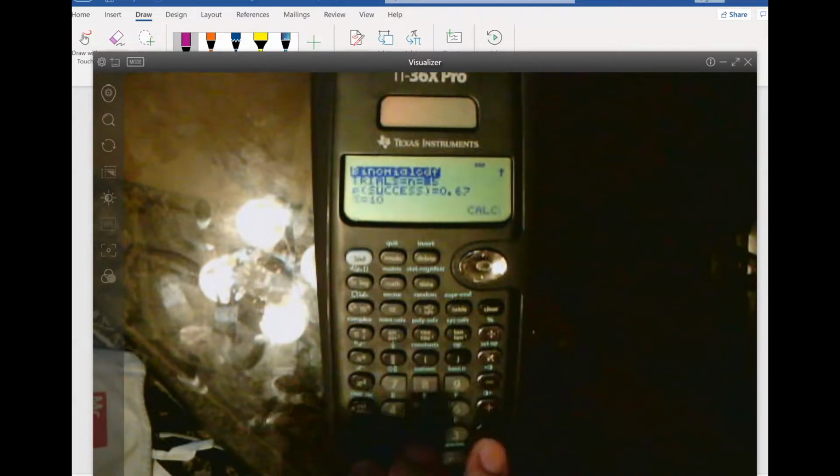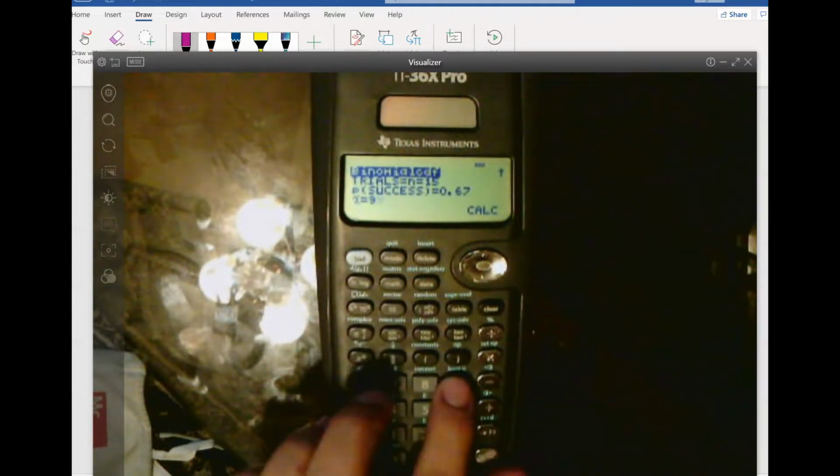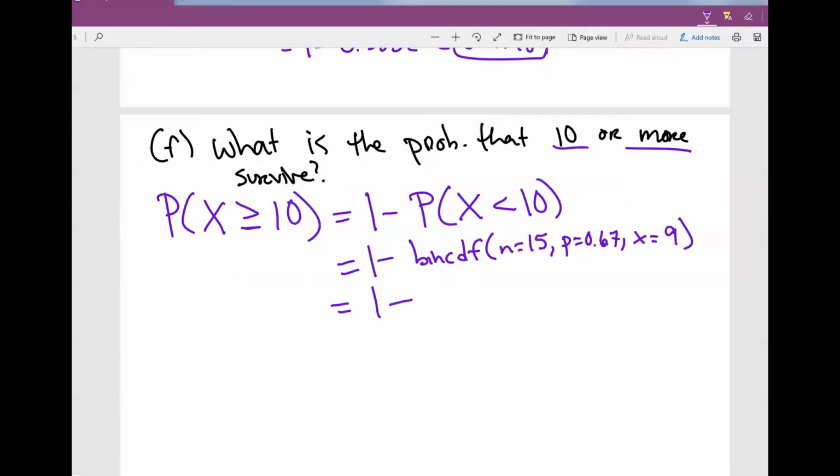Then you do 15, 0.67, and change this to a 9. We get 0.3709. So we put that here. Then we go back to our calculator and do 1 minus 0.3709, and that gives us 0.6291. That's your answer.